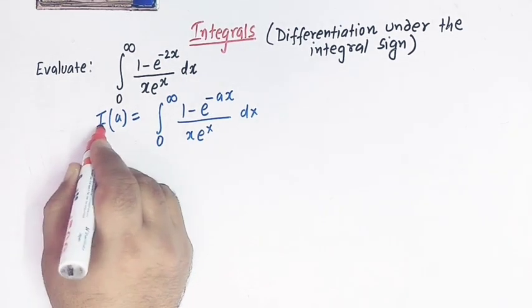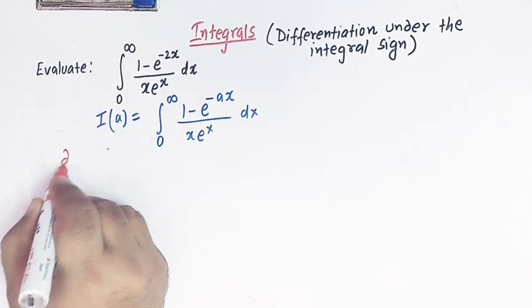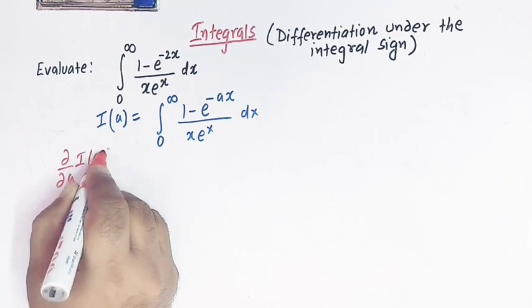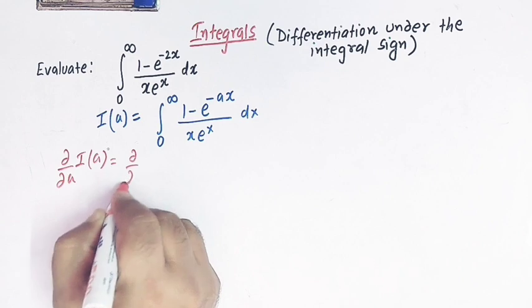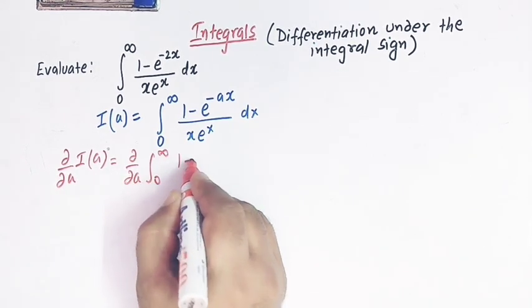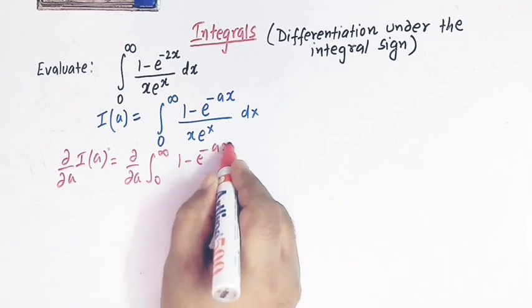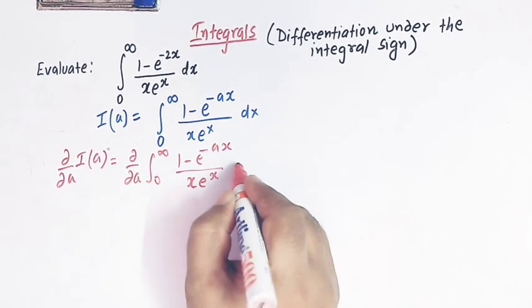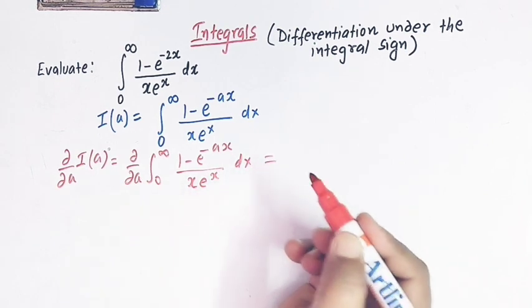So let us differentiate I with respect to a. So we have ∂/∂a of I(a), and here we write ∂/∂a of the integral from 0 to infinity of (1 minus e^(-ax)) divided by x e^x dx.